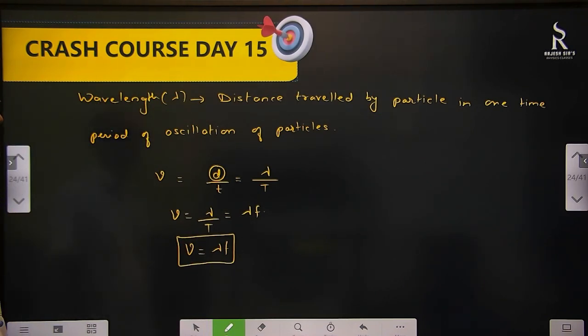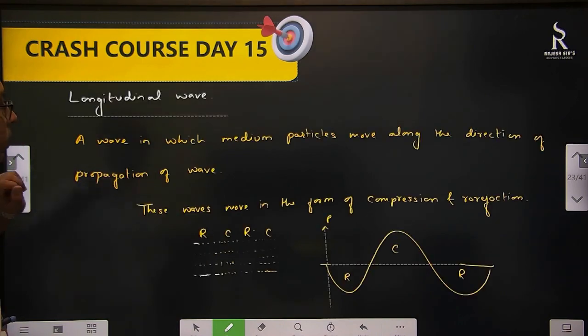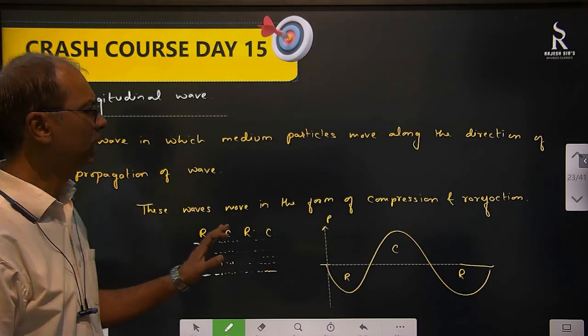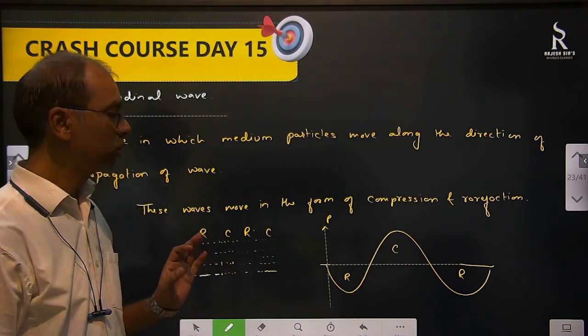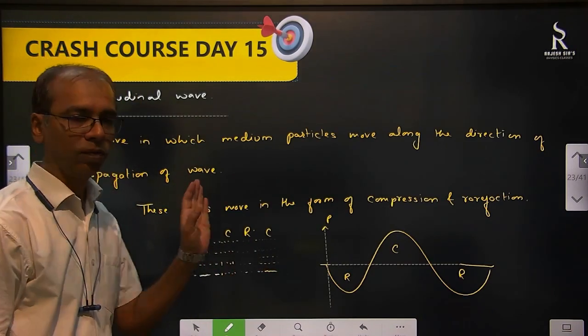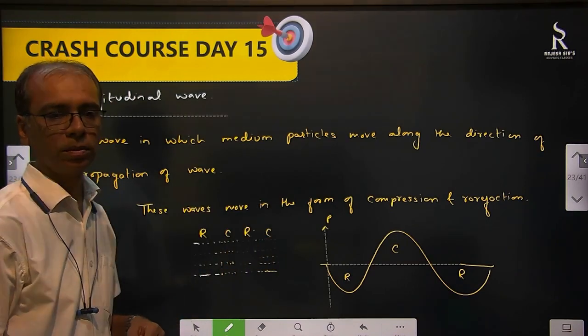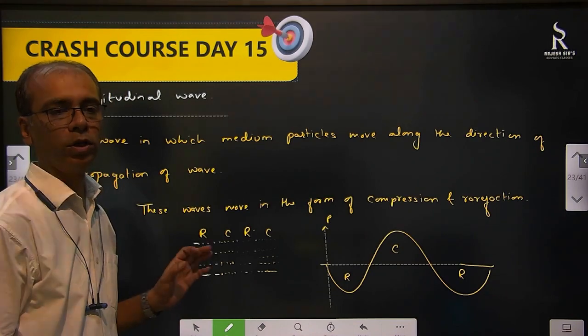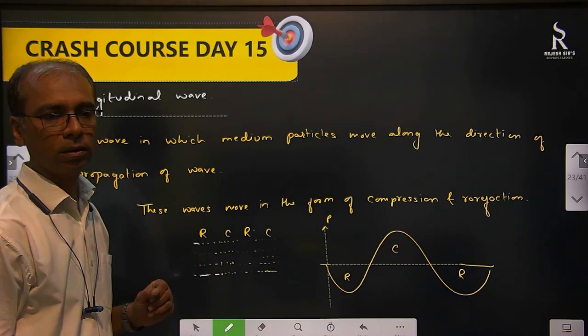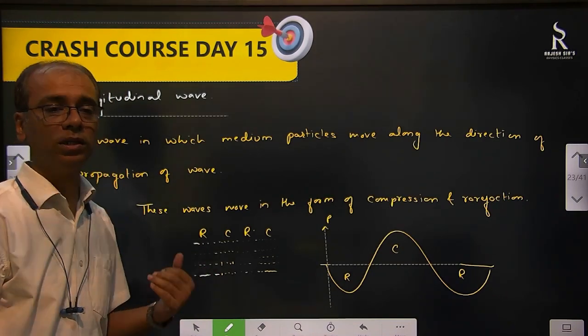Okay, so that's lambda. Now let's come back again to waves. When we are saying that in this the particle is doing oscillation, it means this particle will go forward and then it has to come back also. Right. So then what property is required for it to do all this? Elasticity, because it has to regain its shape.